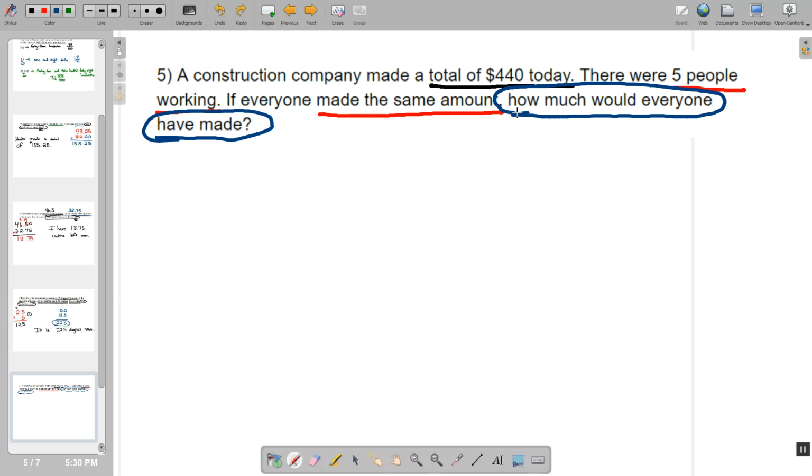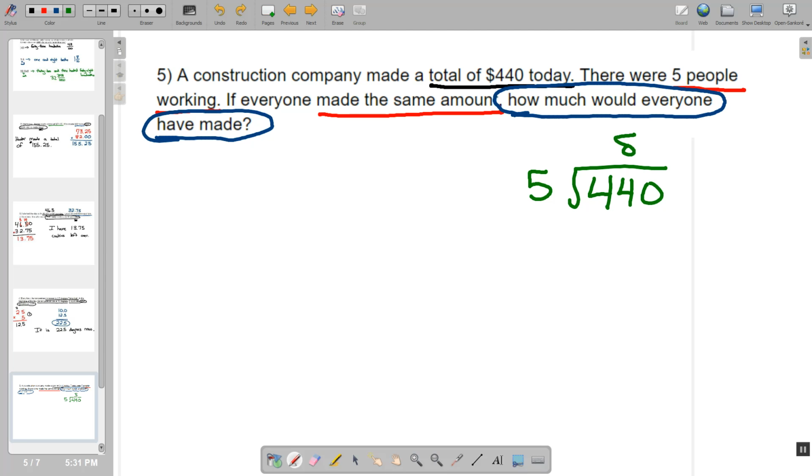So that looks like splitting up evenly, looks like division to me. So we're going to do 440 divided by 5. If you make a mistake with division, it's because you almost always will write the numbers in reverse. So you kind of write inside out, so it's 440 divided by 5.